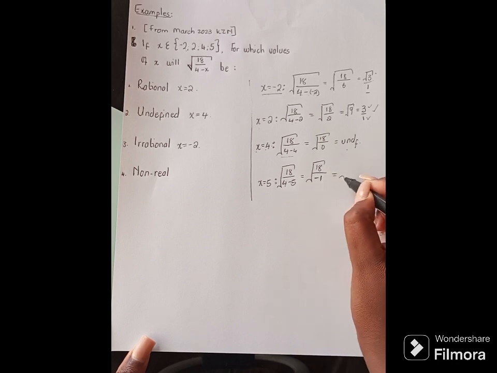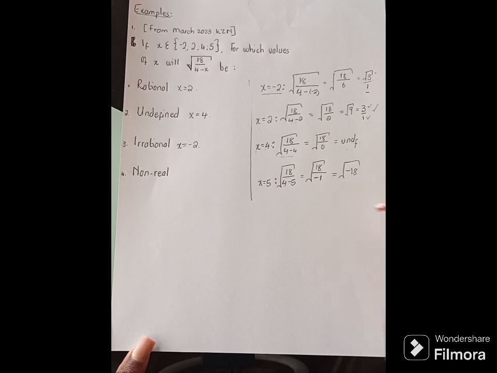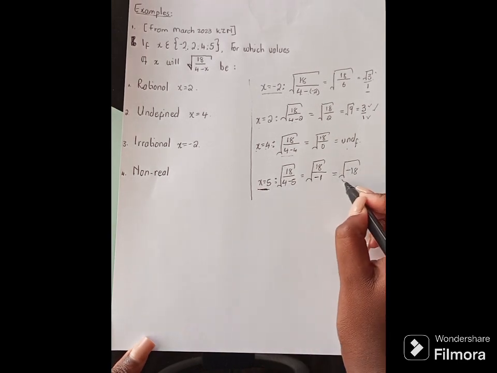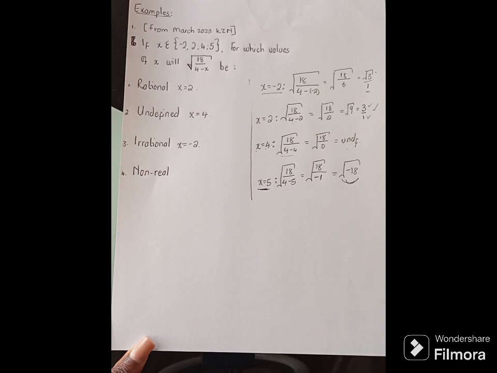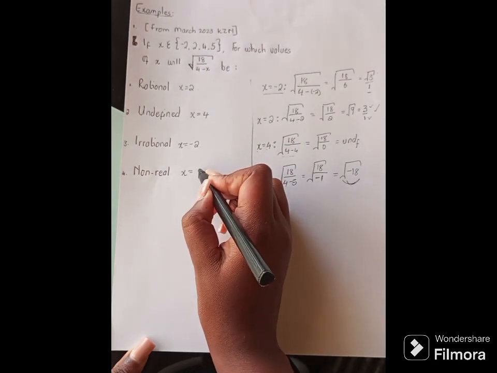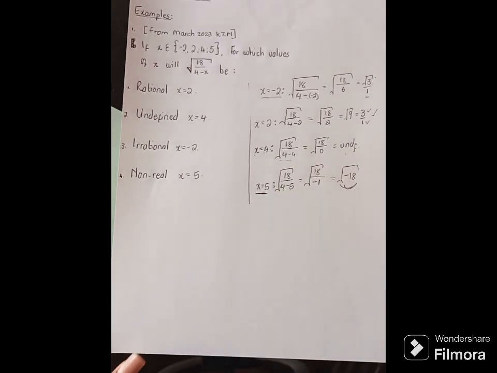And then it becomes the square root of -18. And what do we know? We know that the square root of a negative number is non-real. Non-real means it does not exist. It is imaginary. Therefore, when x is equal to 5, we get an imaginary number or a non-real number. So we're going to come and say this happens when x is equal to 5.